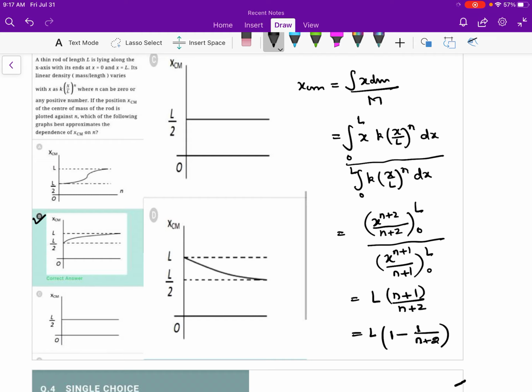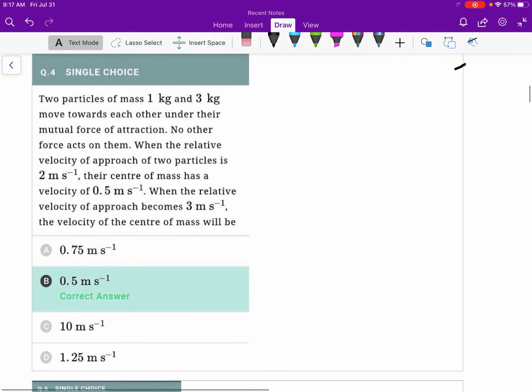Now as n approaches infinity, this x coordinate approaches L, and as n increases, the x coordinate continuously increases. So B is the correct option.